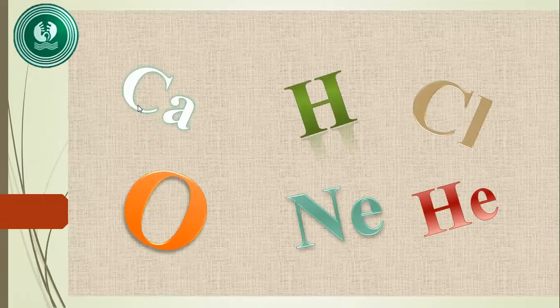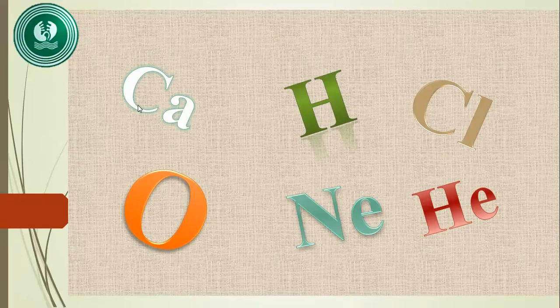Here you see some chemical symbols of elements: calcium, hydrogen, chlorine, oxygen, neon and helium. Like in the case of letters, here too, using these elements you can make chemical compounds or molecules.